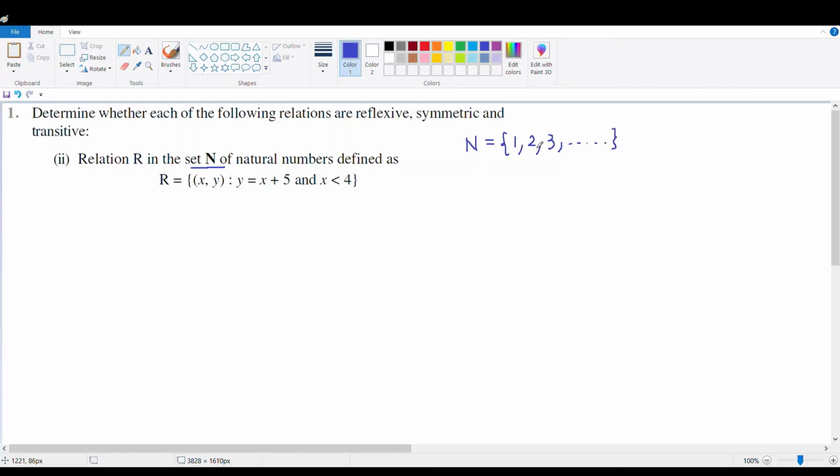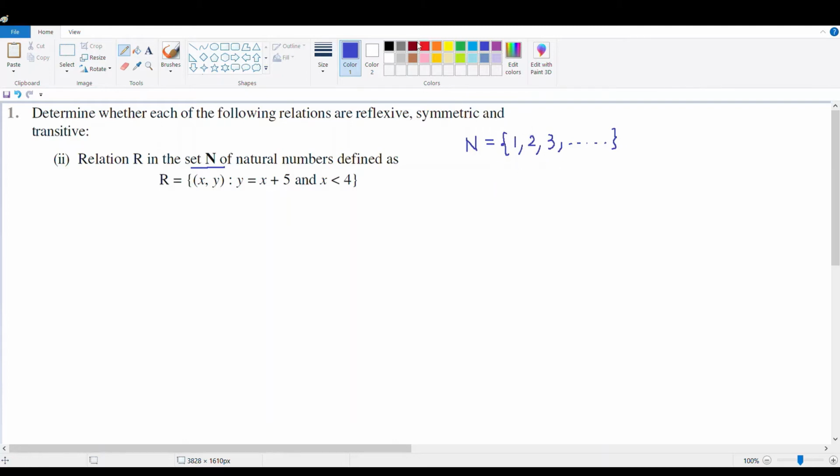So the natural number set is going to start at 1 and go through all the whole numbers, and that relation is defined as (x, y), where y is equal to x plus 5. So y is always 5 bigger than x, and one more condition you are given is that your x must be less than 4. So your x cannot be 4, but it must be less than 4. Now your x also belongs to this set, natural number set N.